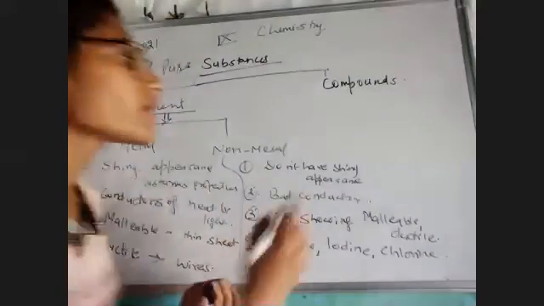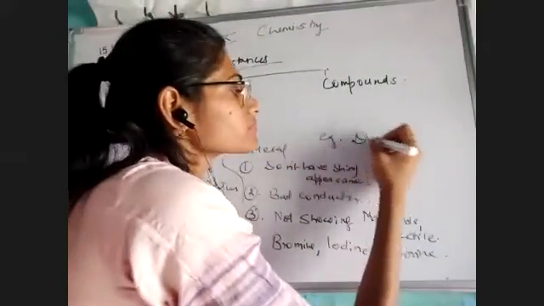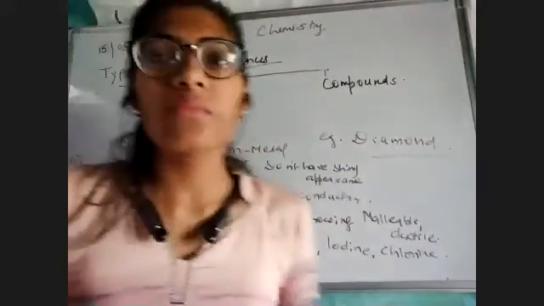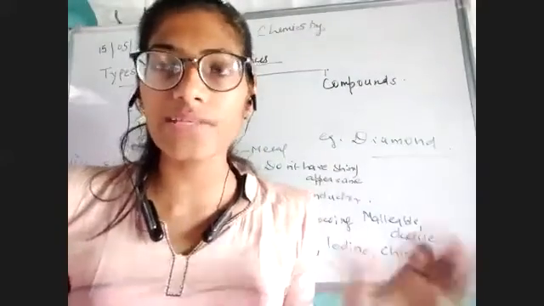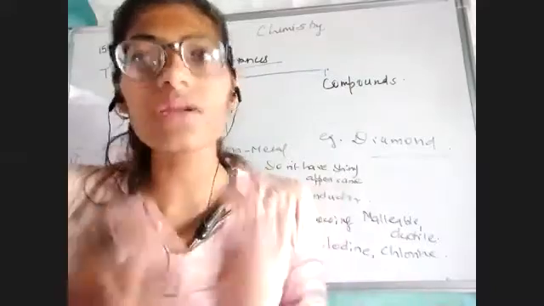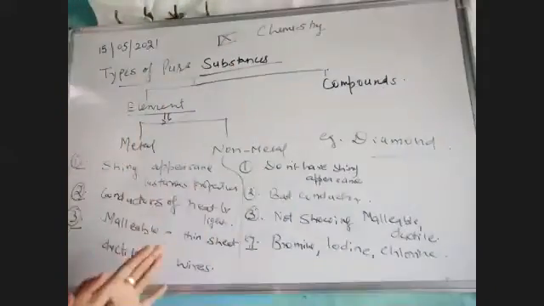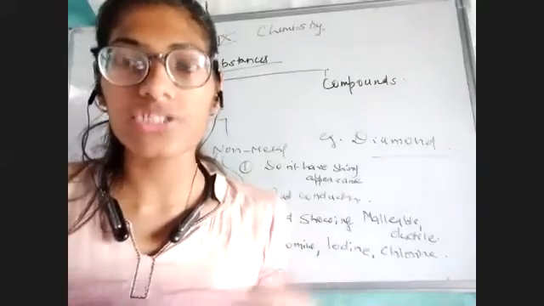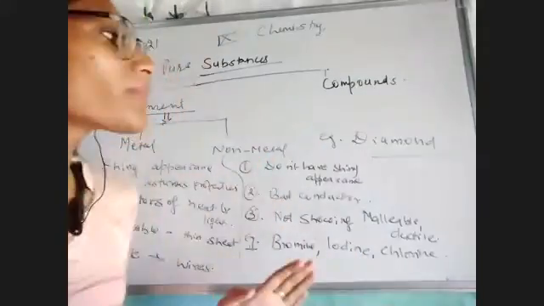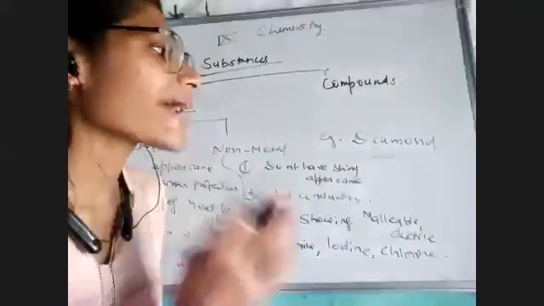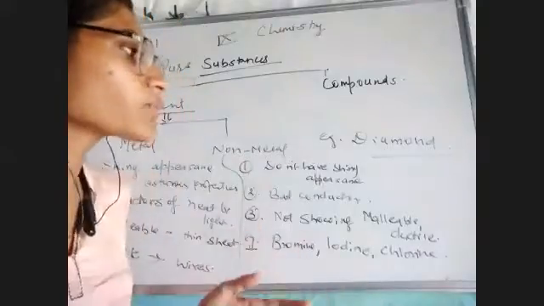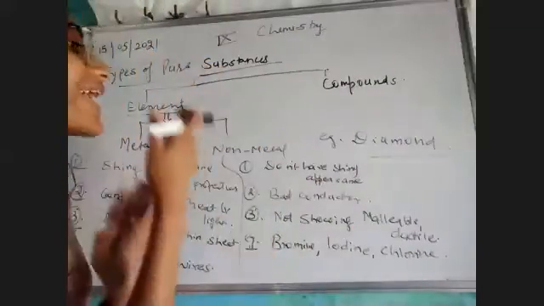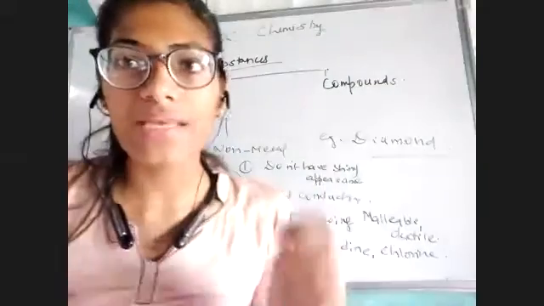You have heard about diamond. Diamond is the hardest substance, whereas non-metals are generally not hard. Metals are hard, that's why they are beaten into wires and thin sheets. But diamond is the hardest element as well as having a shiny appearance.